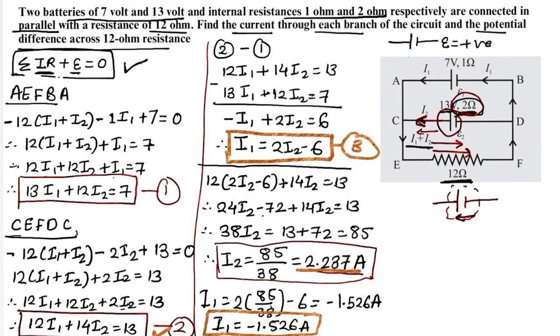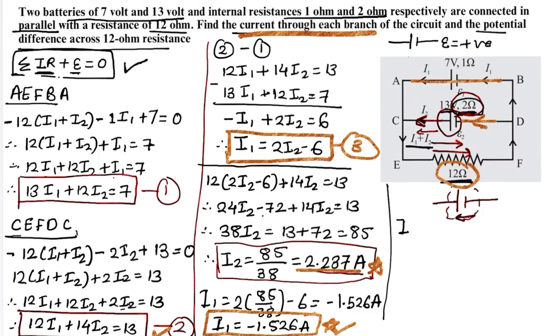The first value that we got is for I2 and the second is I1. What we have to find? Find the current through each branch. Now the current which is flowing through this branch is minus 1.526 ampere and the current which is flowing through this branch is 2.237 ampere. So what will be the addition of these two currents which is flowing through the 12 ohm resistance?